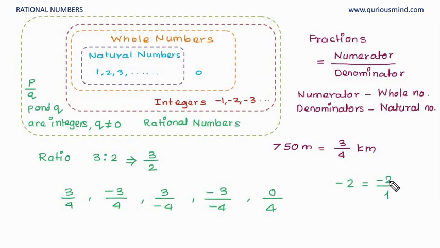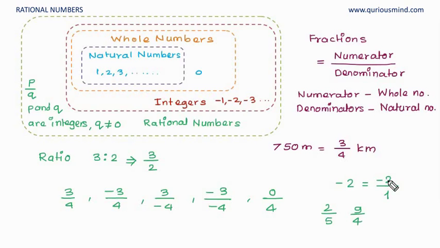And if we see here, it is p upon q, and hence -2 also is a rational number. Any fraction like 2 upon 5, 9 upon 4 are all in the form p upon q and follow this requirement that p and q are integers and q not equal to 0. So all fractions also are rational numbers.